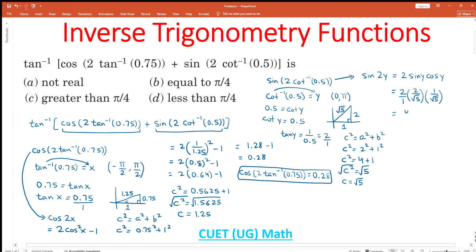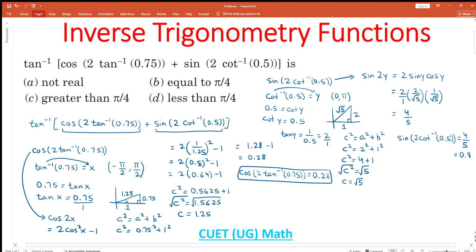I get 4 over 5 because square root 5 times square root 5 is equal to 5. Therefore, the value of sine of 2 cotangent inverse 0.5 is equal to 4 over 5. 4 over 5 is equal to 0.8 in decimal form.